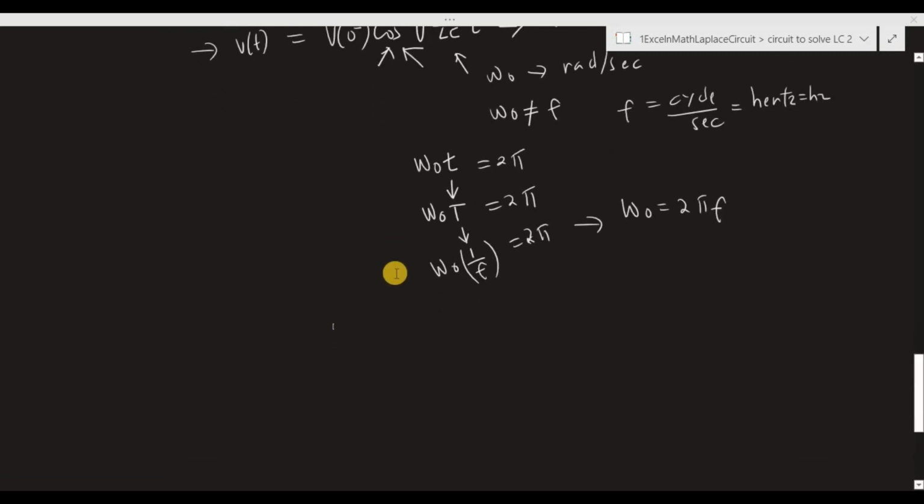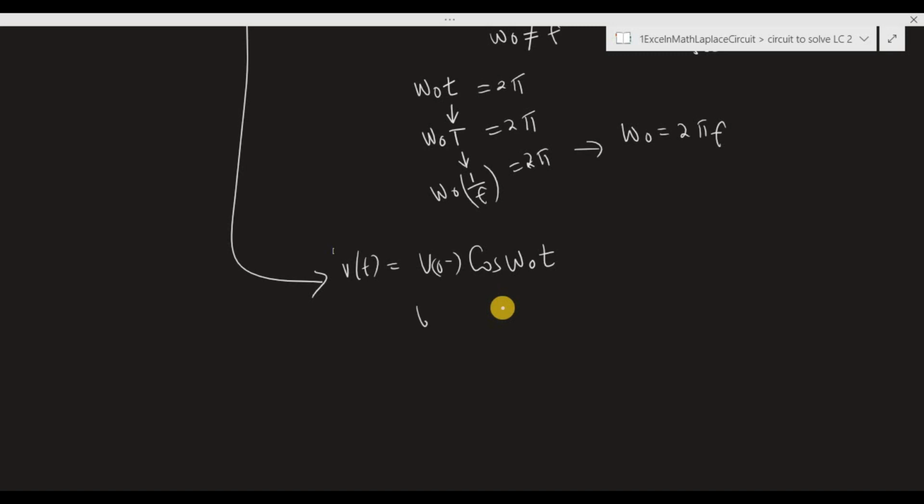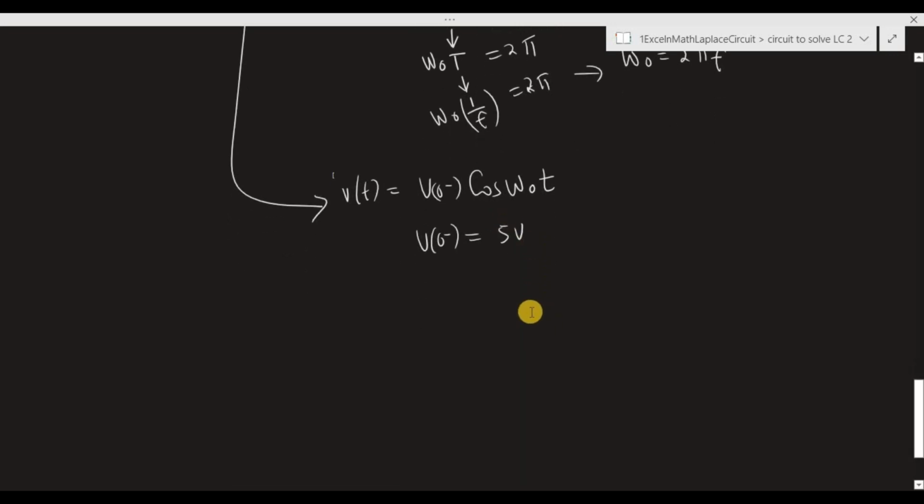Okay, so we can rewrite this equation: V of t equals V0 minus times cosine omega naught t. Now, our V0 minus equals 5 volts, and omega naught is equal to the square root of 1 over LC.